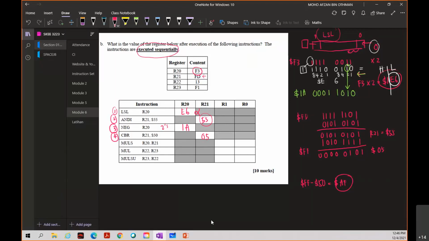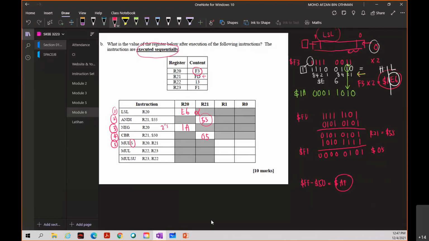Okay, I assume that all of you already get the same result. Then we go to instruction 5: MULS R20, R21. So what does this S stand for? You're going to multiply two signed numbers. What is the value?